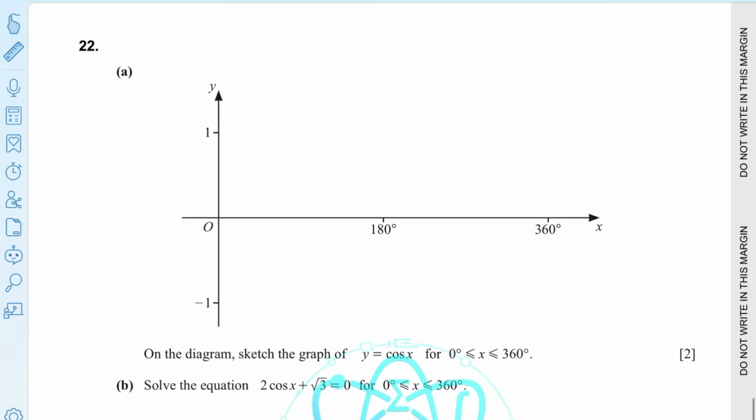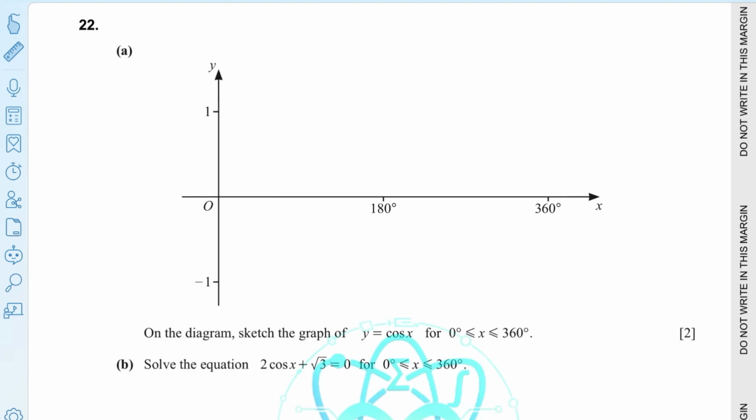Next part is about trigonometry. Now a graph is given. Sketch the graph y equals cos x. Easy. Remember that cos 0 equals 1, and for 90, which will be in between, and this will be 270. For 90, cos is 0. For 180, cos is minus 1. You have to remember this, okay?